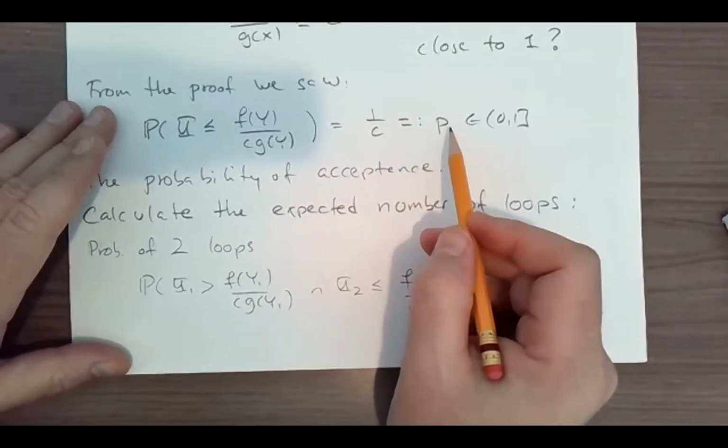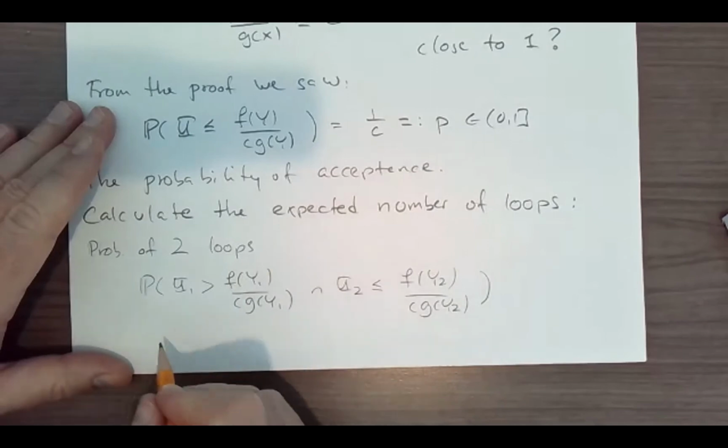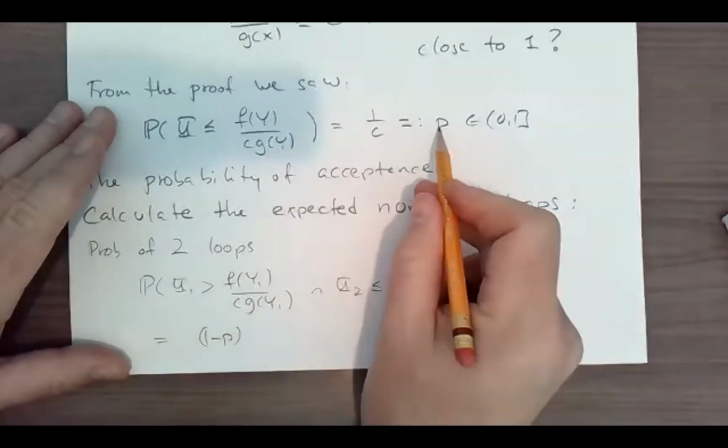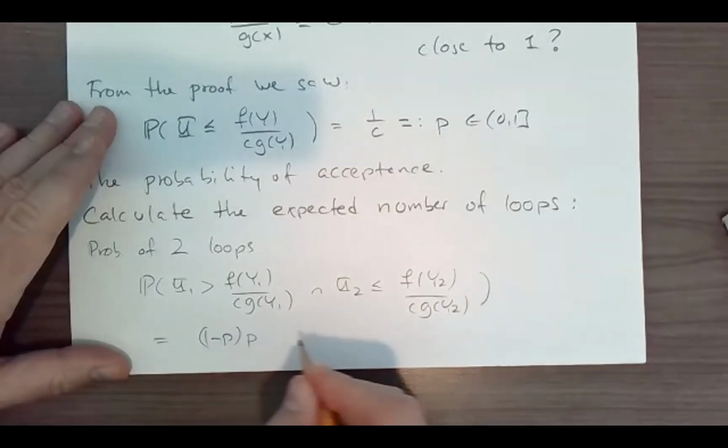They're all independent, so the first one is going to be 1 minus p, and then the second one is going to be p.